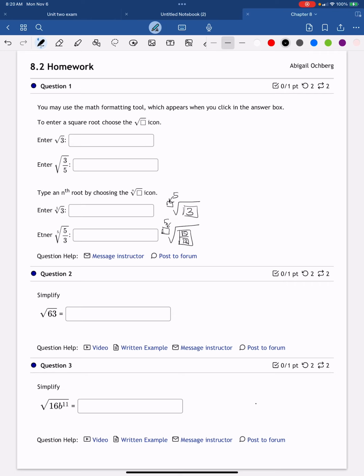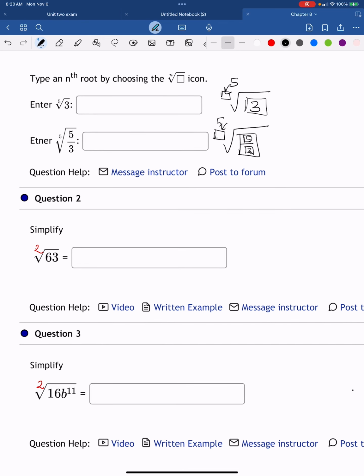So my first step that I want to do with both of these is put in my implied 2. And I need to factor 63, and that is 7 times 9, and 9 is 3 times 3.